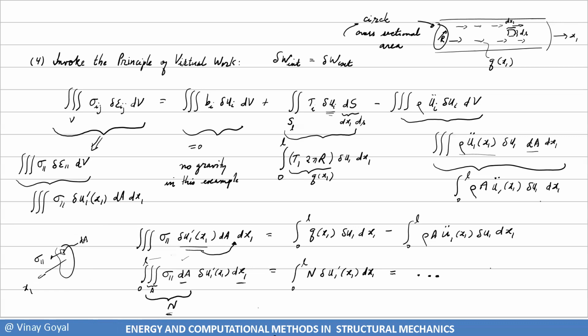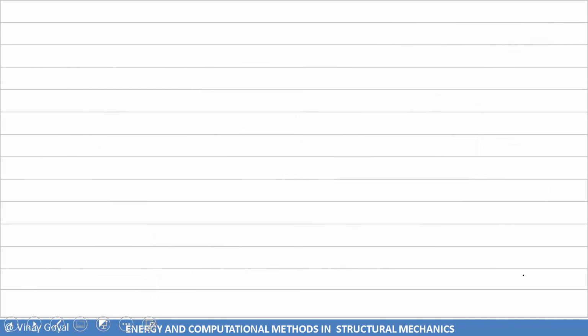So now I can write that completely on the next page as follows. The integral from 0 to L of qx del u1 dx1, and then minus the integral from 0 to L of rho u1 double dot del u1 dx1, and then I'll bring everything to the other side of the equation.